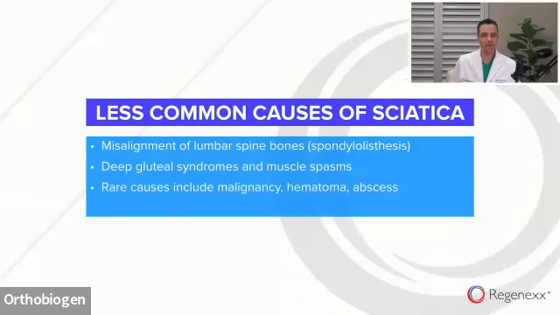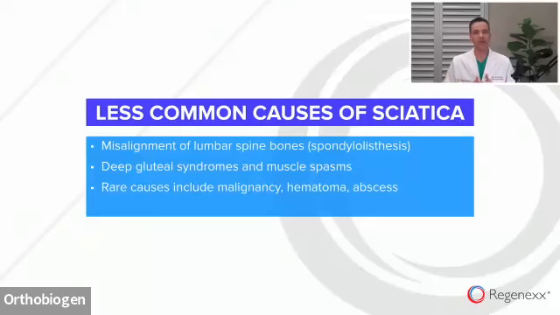So, all right. Some of the less common causes of sciatica: misalignment of spinal bones, or spondylolisthesis, which is a word that you may see sometimes on MRIs. Not one that gets thrown around the office a whole lot, kind of difficult to say, and it confuses people because there's spondylolysis, spondylolisthesis, and lumbar spondylosis, and all of those things get mixed together unless you deal with this every day and work with spine patients.